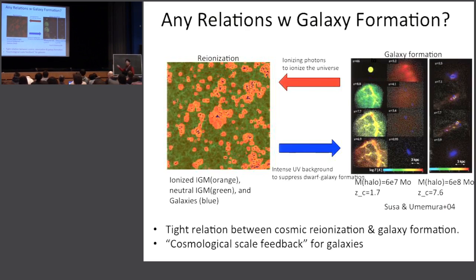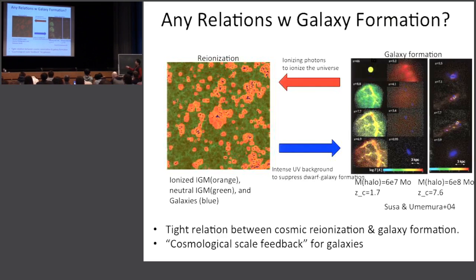As I said, the galaxies are emitting ionizing photons by star formation activities, and the universe is ionized. And then, within the ionized bubbles, the UV background radiation is strong. So the star-forming activities of small halos, the dwarf galaxies, are suppressed by such UV background radiation. So in this way, galaxy formation and cosmic reionization are related.